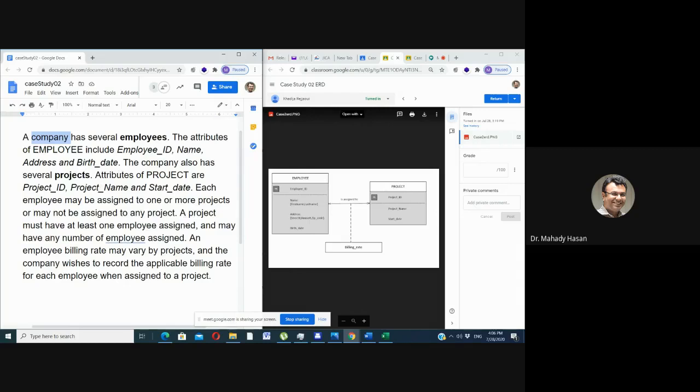Here we can see the relationship has been developed and the attributes also provided. We have employee ID, which is the primary key. Name, you have first name, last name, very good. Address, you have street, house, zip code, very good. Date of birth is there. For project, we have project ID, which is the primary key, project name, and start date.